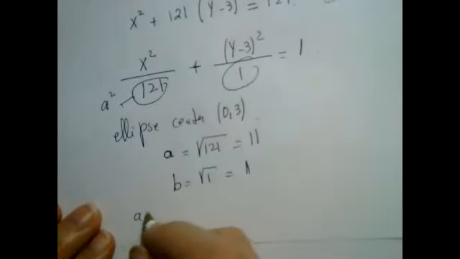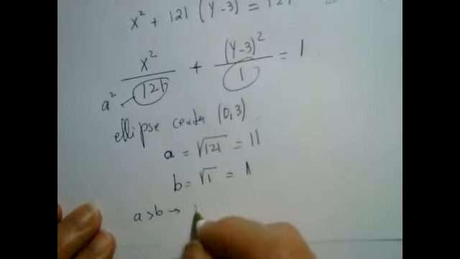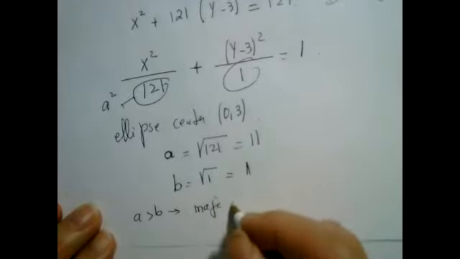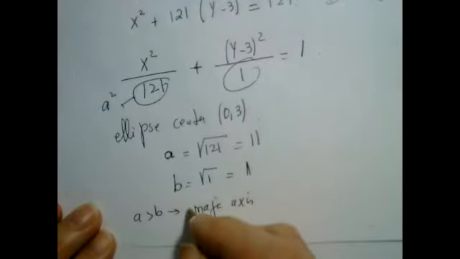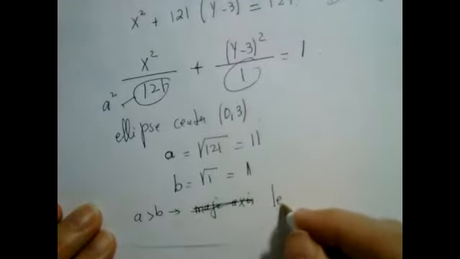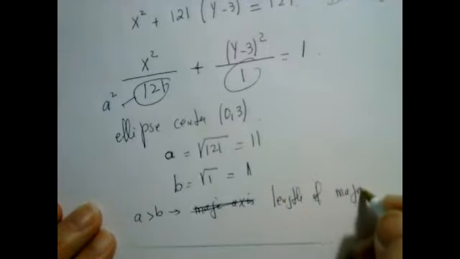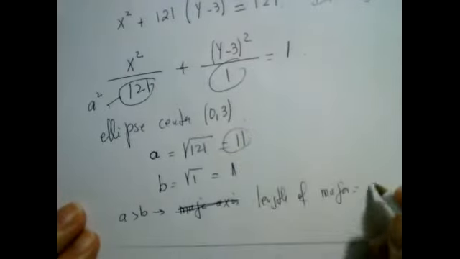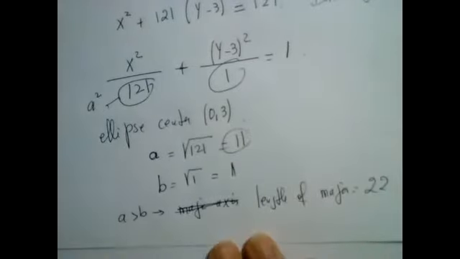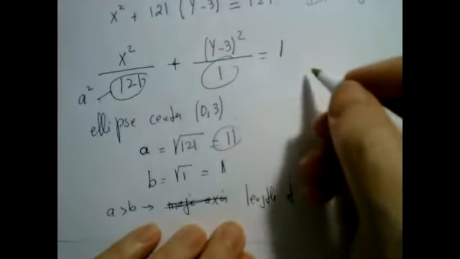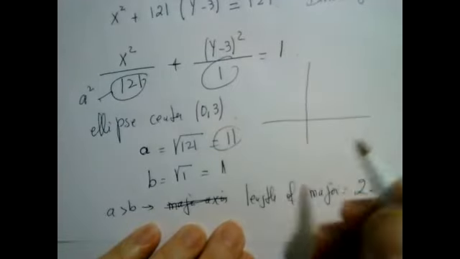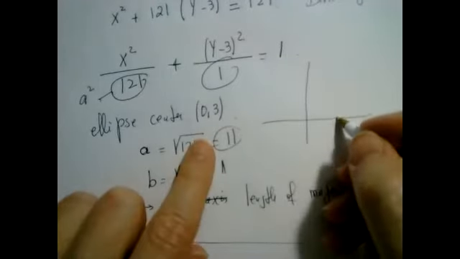Now a is larger than b, which means the major axis, the length of it, is going to be twice that much. It's going to be 22. And this is an ellipse centered at 0, 3.